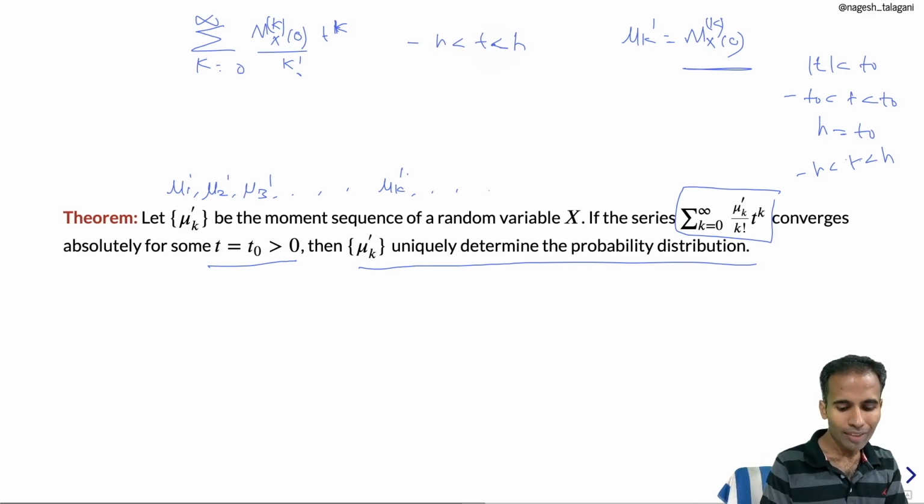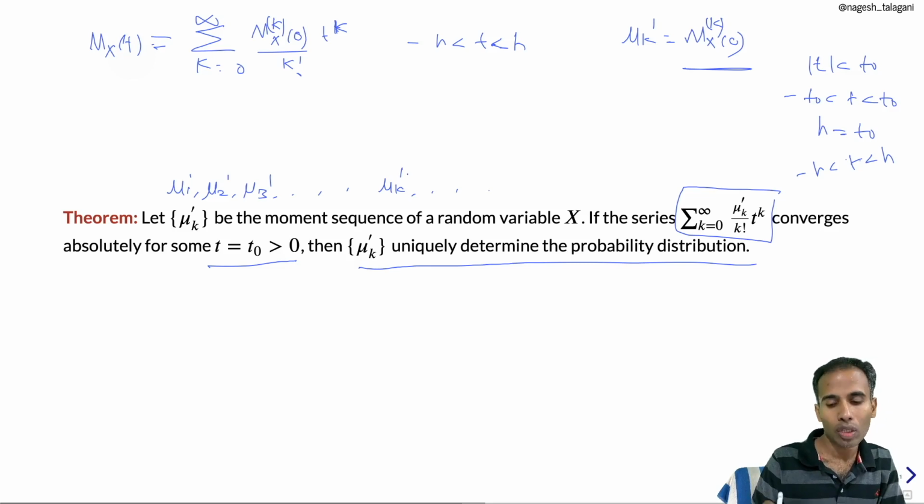And we know that this is precisely the Maclaurin series expansion for the MGF. So this moment sequence is actually giving the MGF, and we already know the MGF uniquely determines the probability distribution. So that's why this moment sequence completely determines the probability distribution uniquely. Okay, fine.